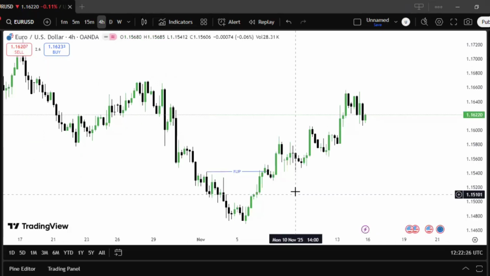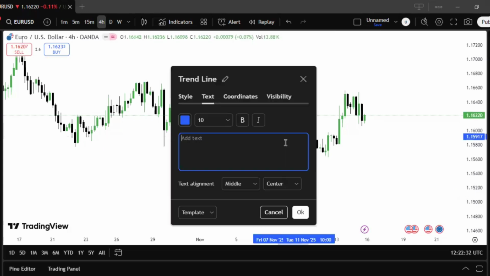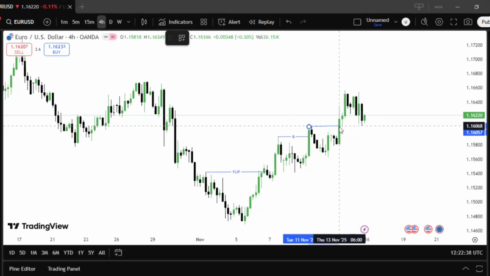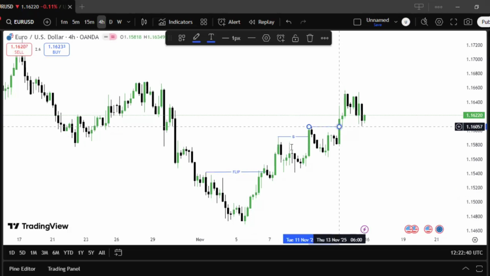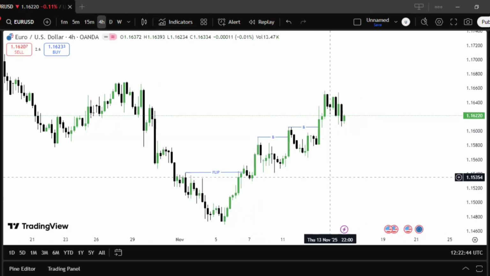And this thing, guys, is simple. You just have to have your strategy, then you're good to go. Then you have a B. By B, I mean break of structure. Then here we've got another B. B means break of structure.